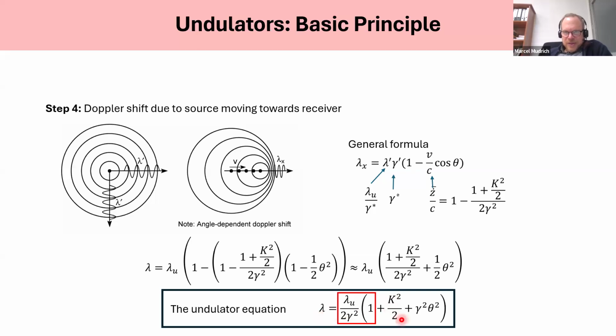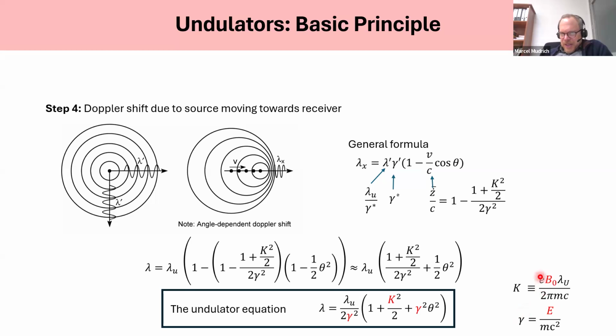But there are extra terms, namely the undulator parameter here, and there's this extra term that depends on the emission angle. What is important is that there are 2 control knobs if we want to tune the wavelength of the light. One is, of course, the energy of the electrons that determines the gamma parameter, but also the magnetic field strength.